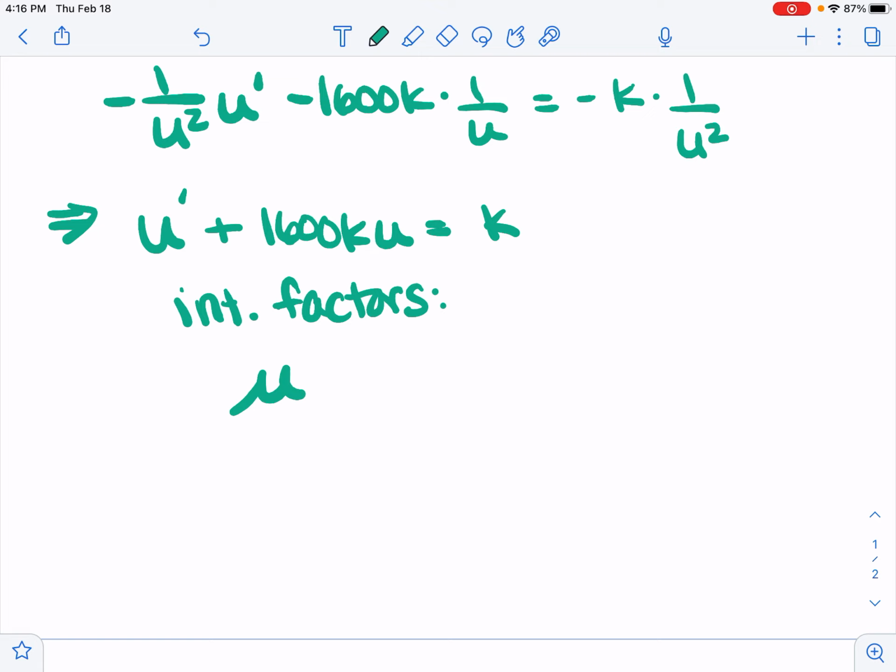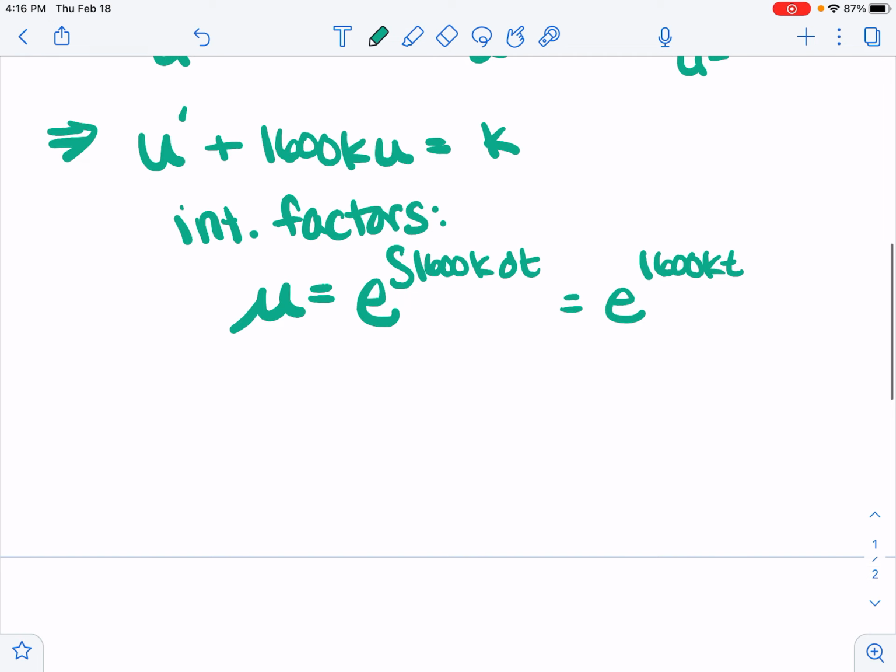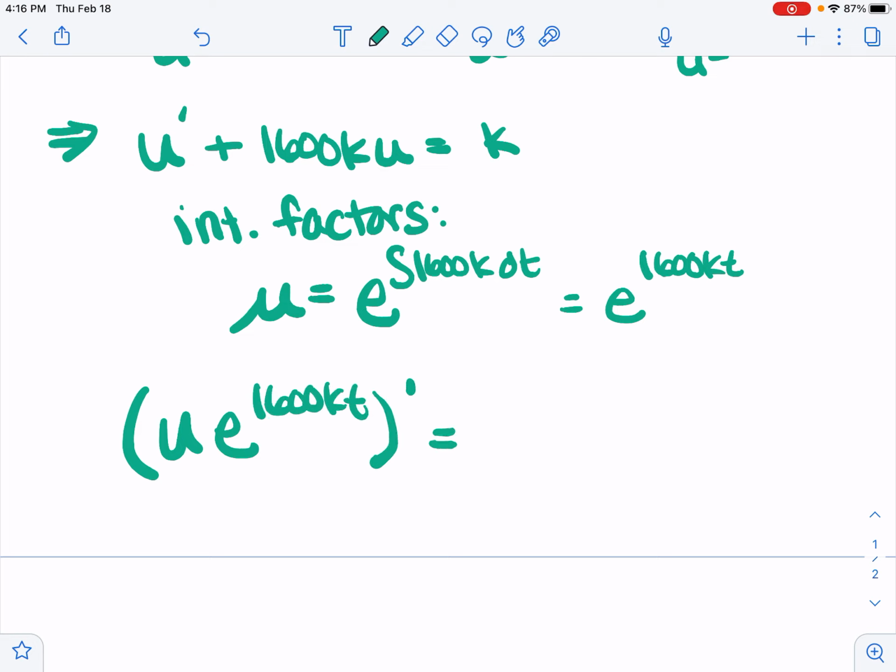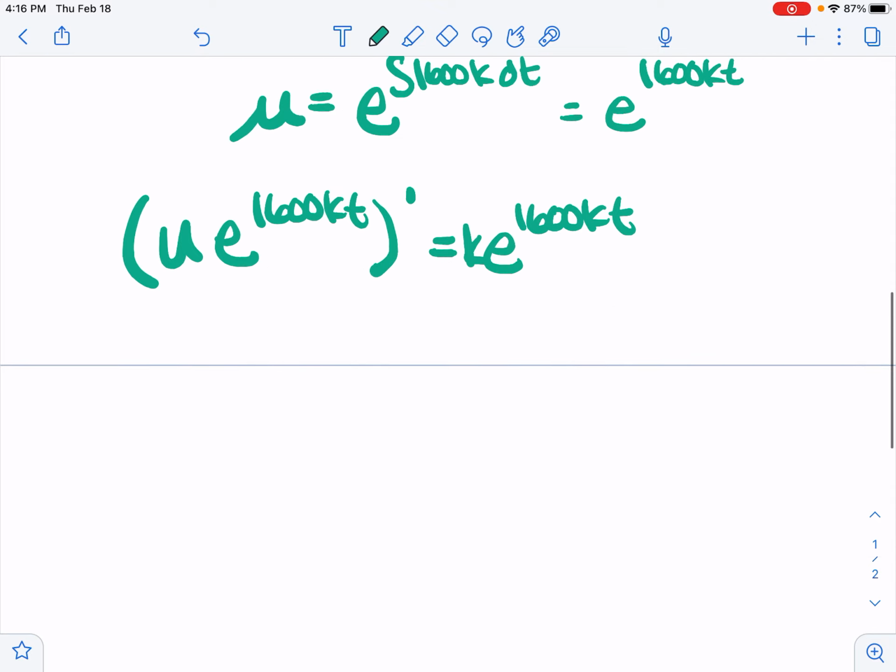So I'll do a mu, not to be confused with u, is e to the integral of 1600 k dt. So our integrating factor is e to the 1600 kt. We multiply everything through by the integrating factor, and we know that that leads us to u e to the 1600 kt quantity prime equals k e to the 1600 kt here.